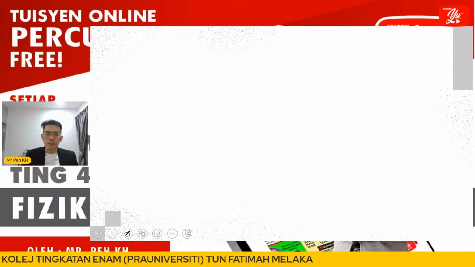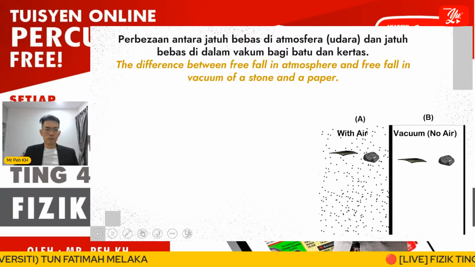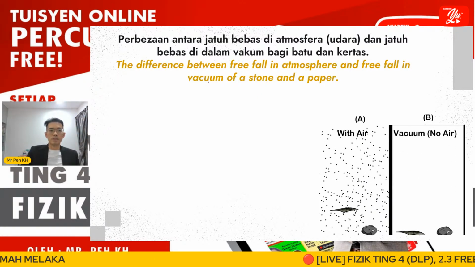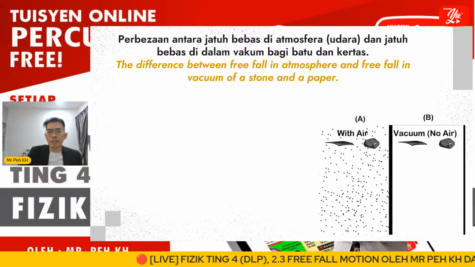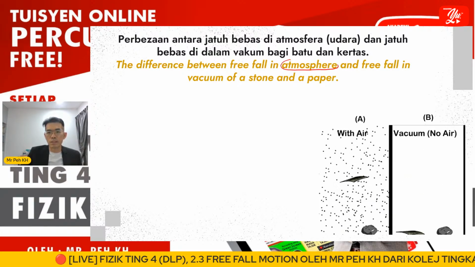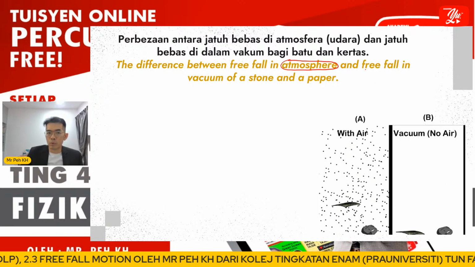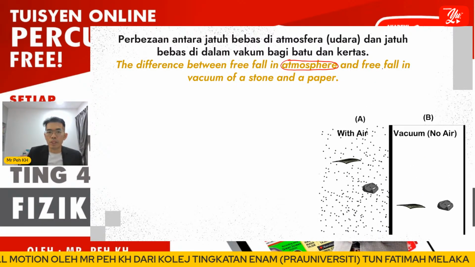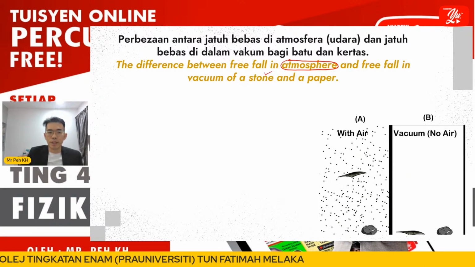Okay, so here will be the discussion of the difference between the free fall of an object in the atmosphere, that means in our real life or presence of air, and free fall in vacuum condition, by using a stone and a paper.